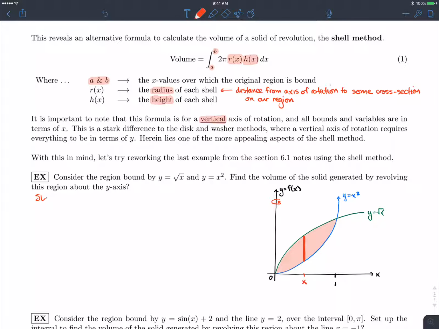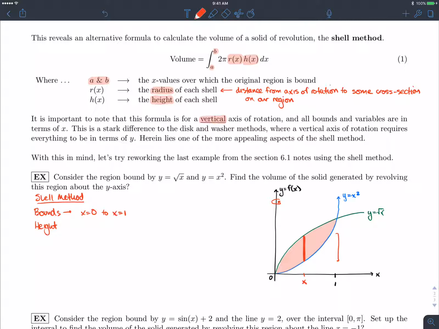So for the shell method version of this problem, we would say that our bounds are going to be from x equals 0 to x equals 1. The height, now what's the height of that cross section going to be? Well, the height is going to be that distance bound between these two curves.